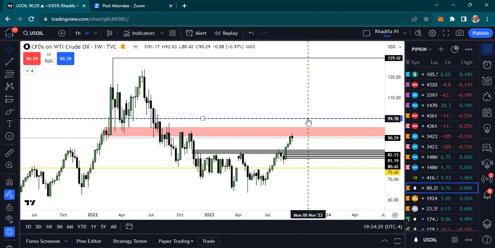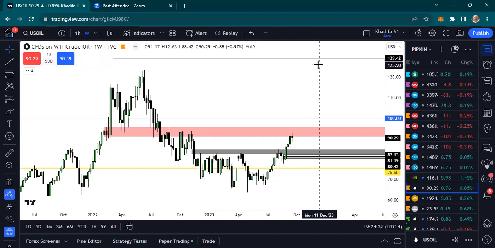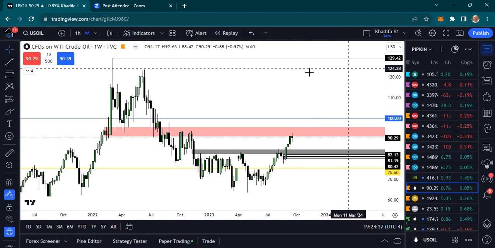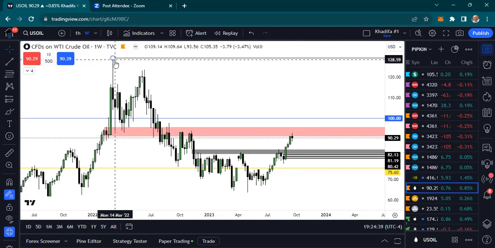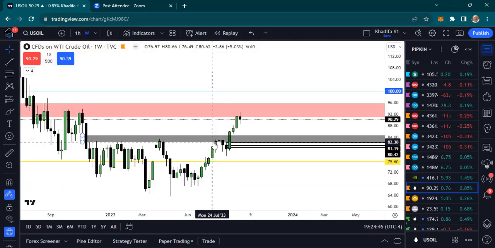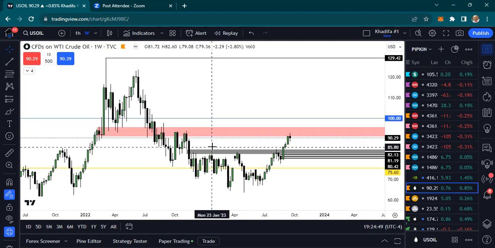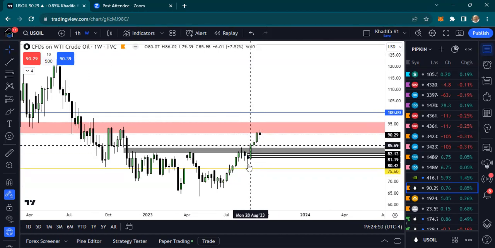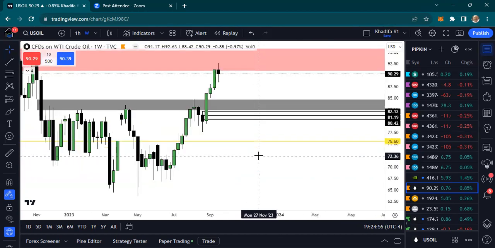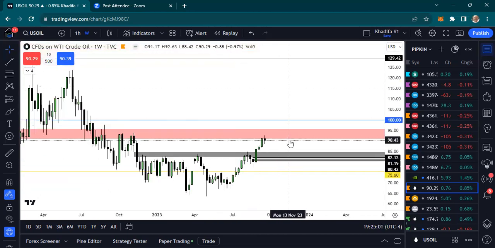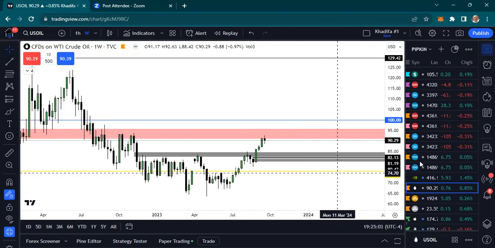And once we get that, then I want to see oil reach up to 123 to 129 to run this weekly buy side liquidity from March the 7th, 2022. So that is what I'm scoping out and what I'm currently in position on for oil. I expect us to continue to run up for oil.